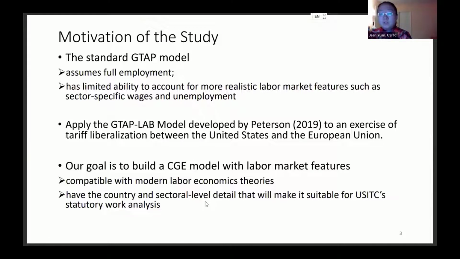Our ultimate goal is to build a CGE model with labor market features that is compatible with modern labor economic theories and has the country and sectoral level detail that would make it suitable for our agency's statutory work analysis. As I said, this is still work in progress, and we welcome feedback from our audience.